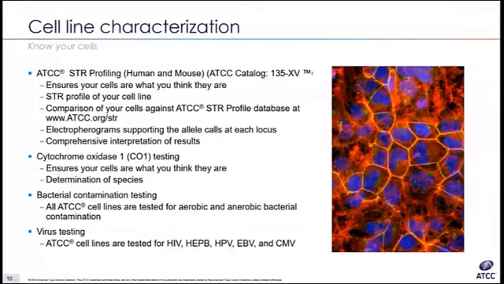As for microbial contamination, bacterial contamination testing is performed for both aerobic and anaerobic bacteria, as well as viral testing for HIV, Hep B, HPV, EBV, and CMV in all human cell lines produced at ATCC.